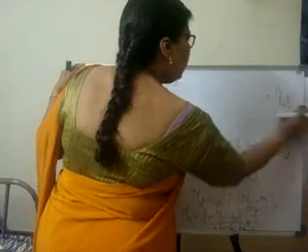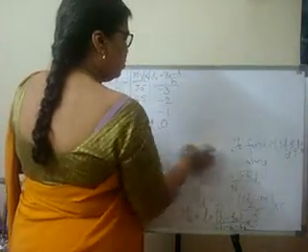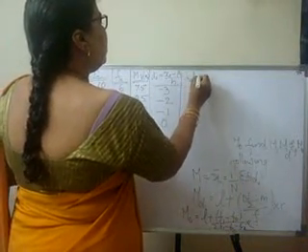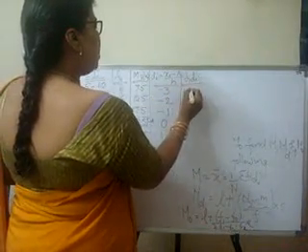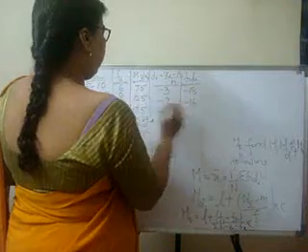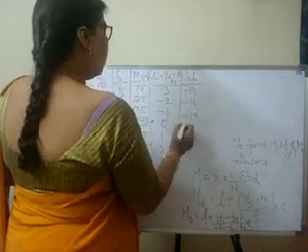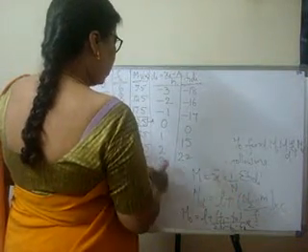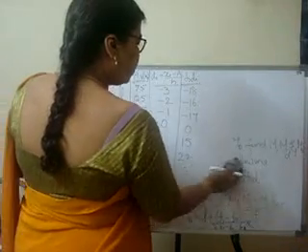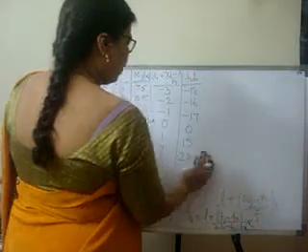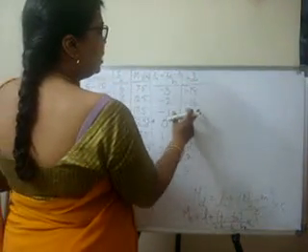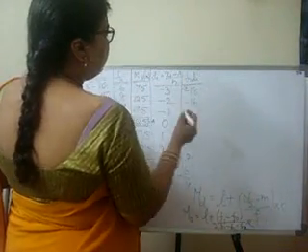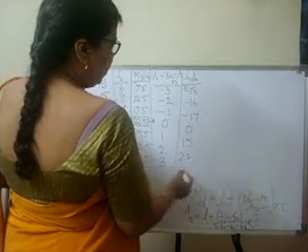So Fi Di: 6 times minus 3 is minus 18, 8 times minus 2 is minus 16, 17 times minus 1 is minus 17, 21 times 0 is 0, 15 times 1 is 15, 11 times 2 is 22, 2 times 3 is 6. The total of the negatives is minus 51 and the positives is 43. So summation Fi Di is minus 8.